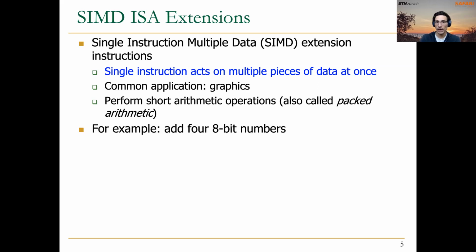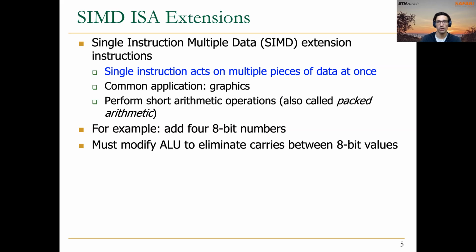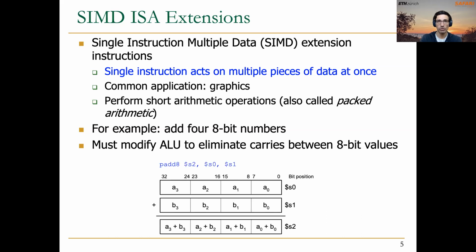For example, we can add 4 8-bit numbers, but to do so, we need to modify our ALU to eliminate carries between 8-bit values. For example, we need to eliminate the carry between bit 7 and bit 8, and between bit 15 and bit 16. And this way, we will obtain in the same operation 4 additions, as we can see in this slide.